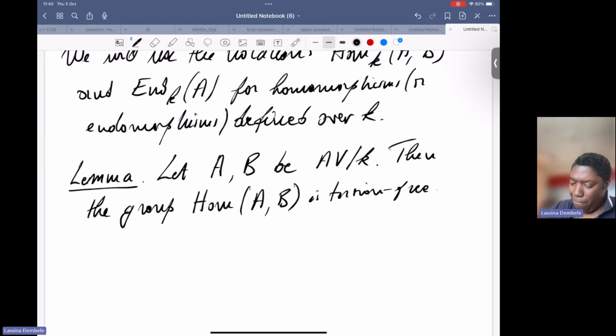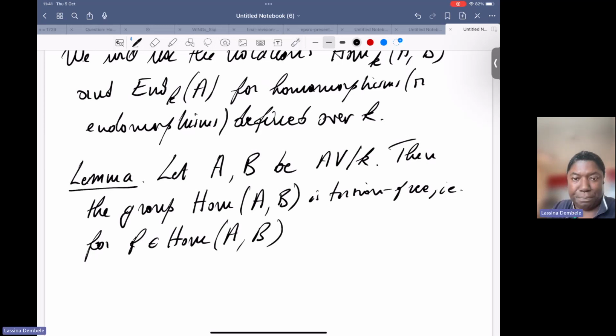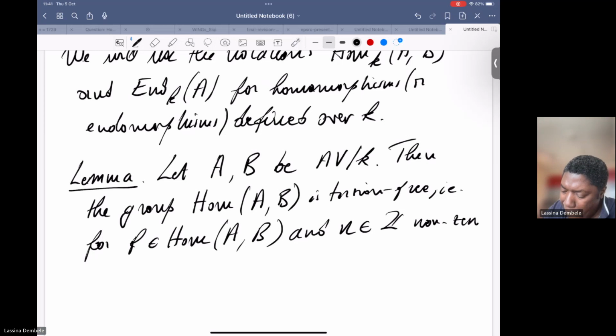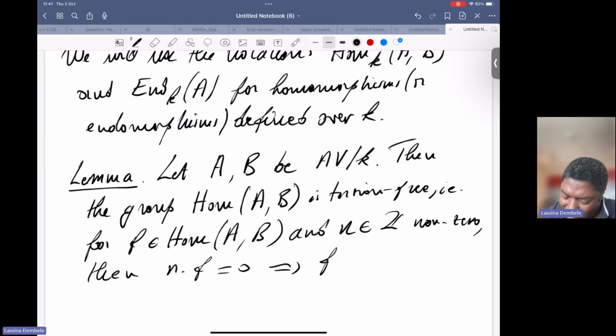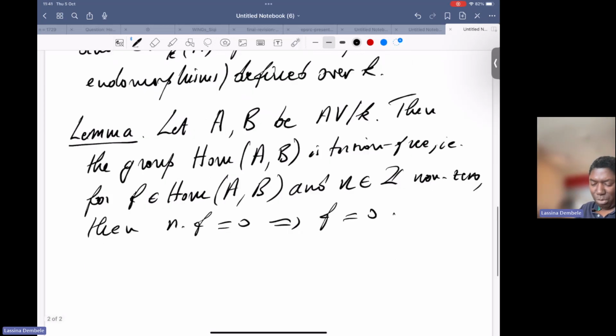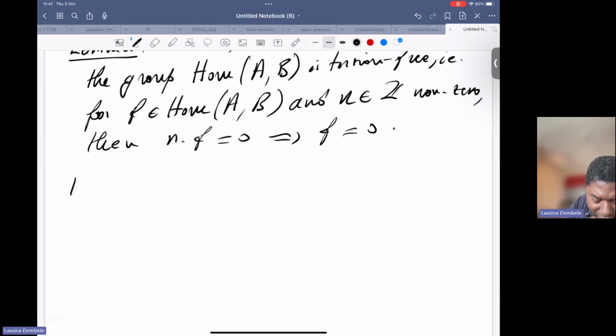Meaning that if we take f in Hom(A, B) and an integer n which is non-zero, then n times f equals 0 implies that f is equal to 0. This is a fairly easy lemma to prove, so let me give the proof.